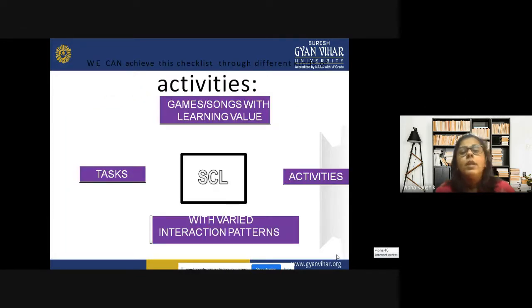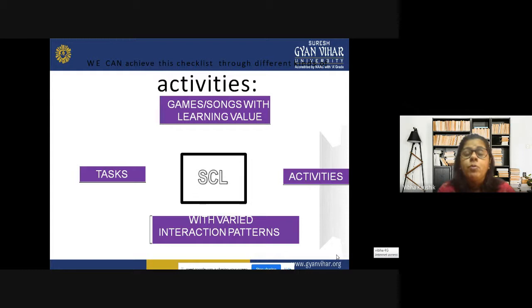Now, we can achieve this checklist through different kinds of activities. If we want to achieve this, then we have to use different kinds of activities in the class during the teaching-learning process. SCL, student-centered learning: games, songs with learning values.